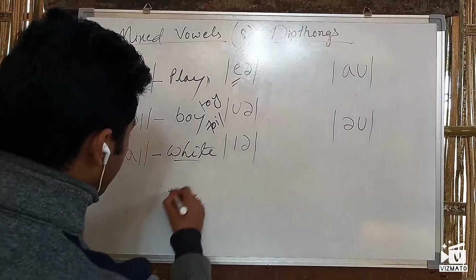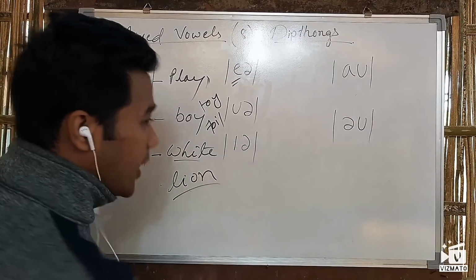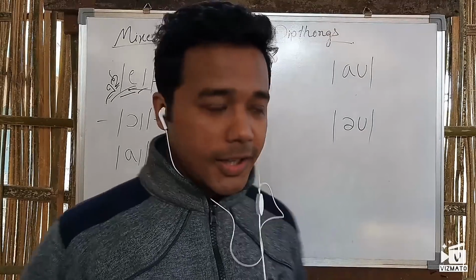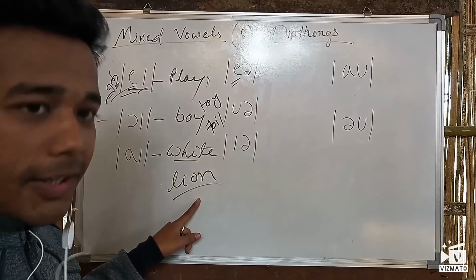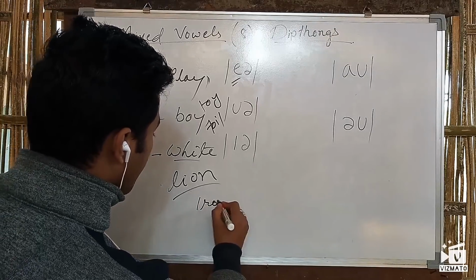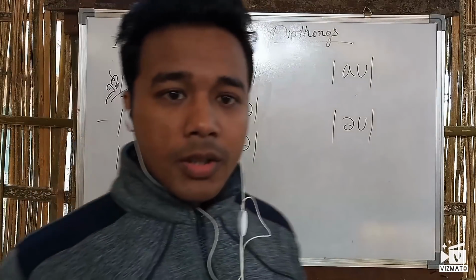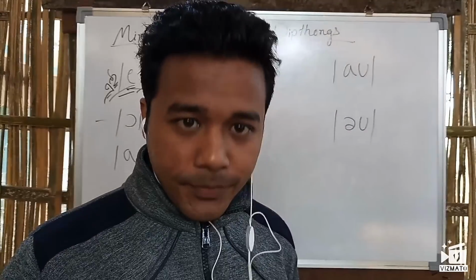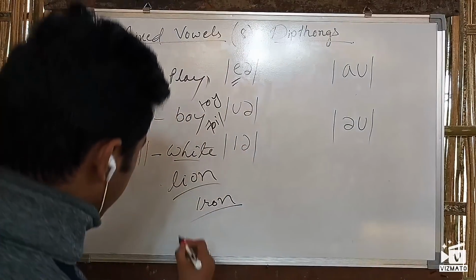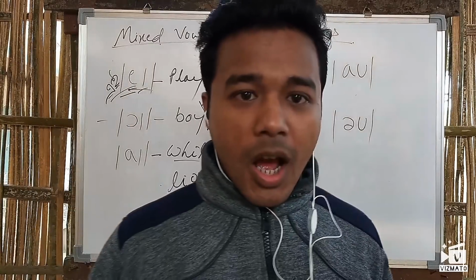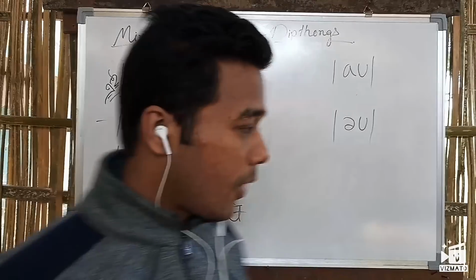Next we can say lion, I, lie, lion, but iron. This is iron, not iron, right? Height, I, height, right?